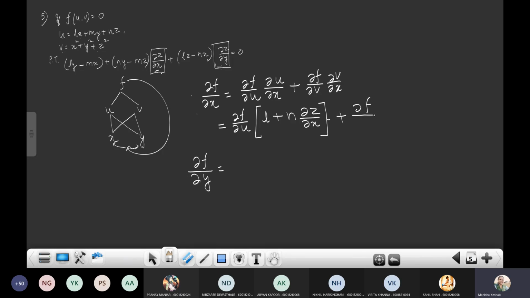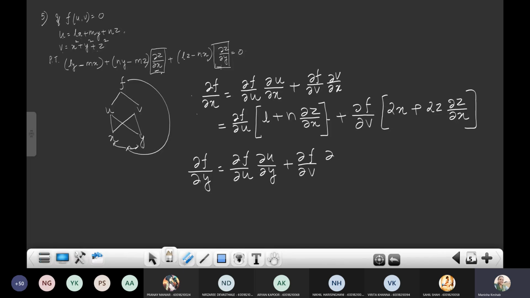Similarly, here we can write now del f del v. Now del v del x. So del v del x will be what? 2x plus, again z square is there, so it will be 2z del z del x. So this is what? Del f del x. Similarly, del f del y we can find. So let us find that: del f del u and then u with respect to y, plus del f del v and then v with respect to y.